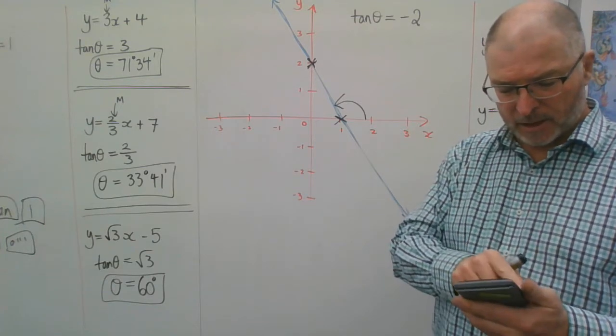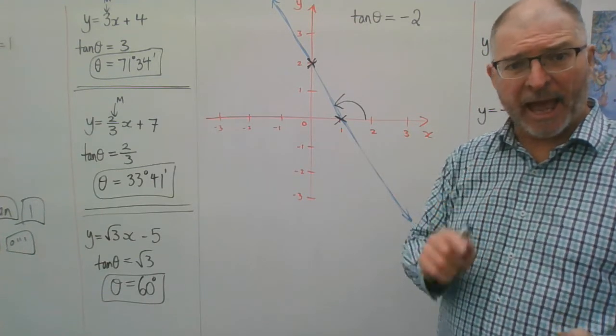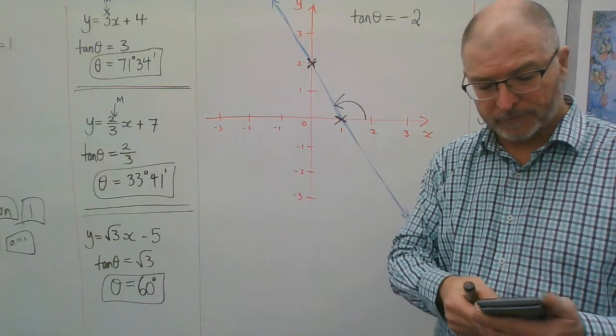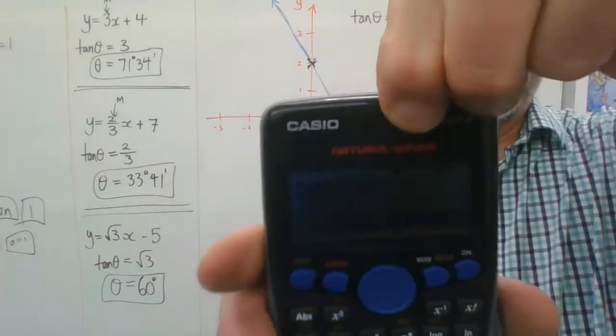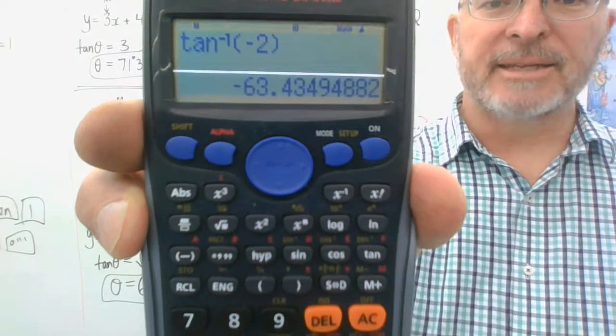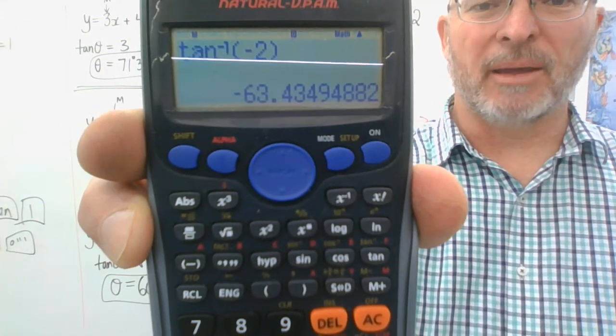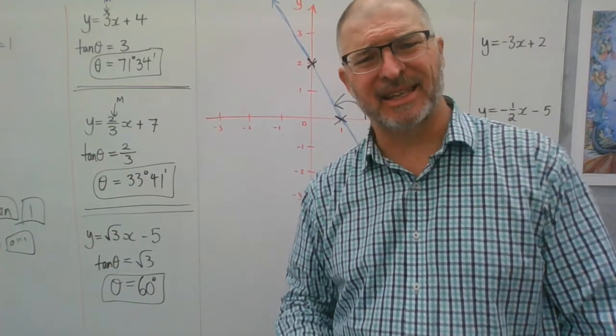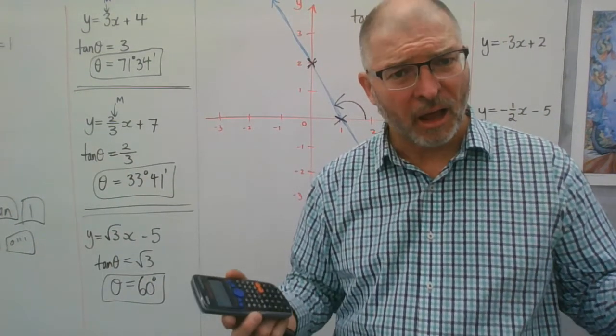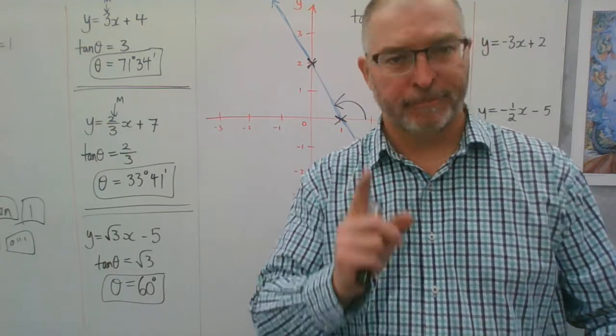The answer comes out on my calculator as -63.48, and so on. About -63 degrees. What is going on?